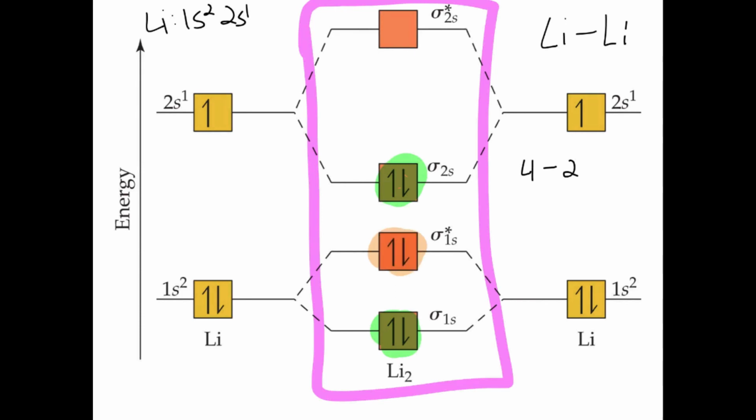So that gives me a grand total of 2 net bonding electrons, which if I divide by 2, tells me that I've got a net of 1 bond, right? Or a bond order of 1 in this molecule, which of course is precisely what our Lewis structure was telling us in the first place. But there is so much more detailed qualitative and quantitative information in this molecular orbital energy level diagram.